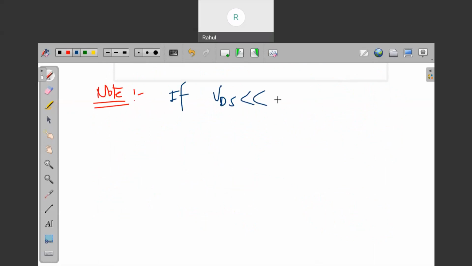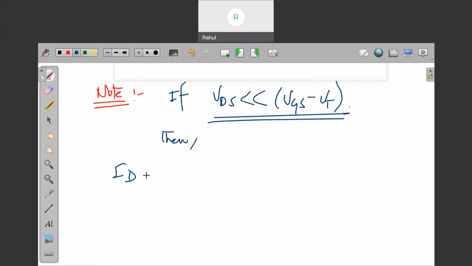if VDS is far less than VGS minus VT, then the MOSFET is in triode region. Yeah, triode region, right?